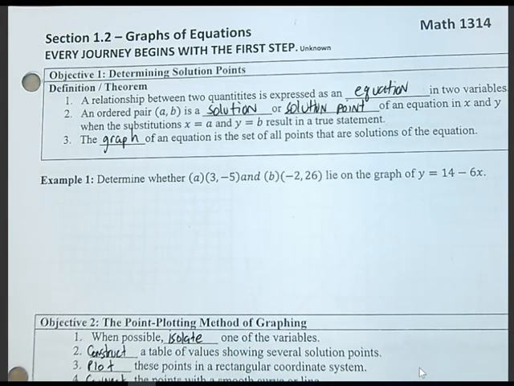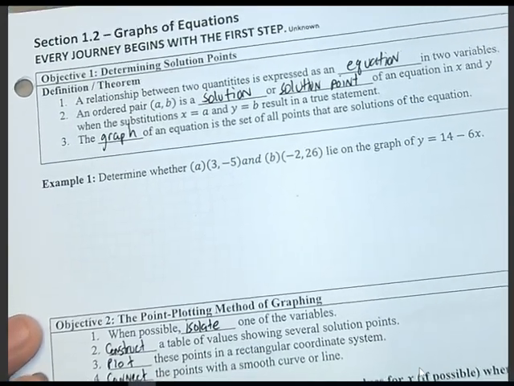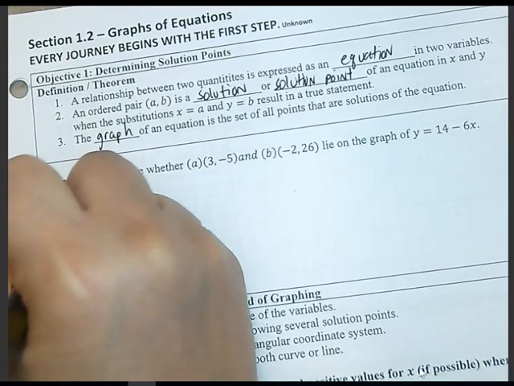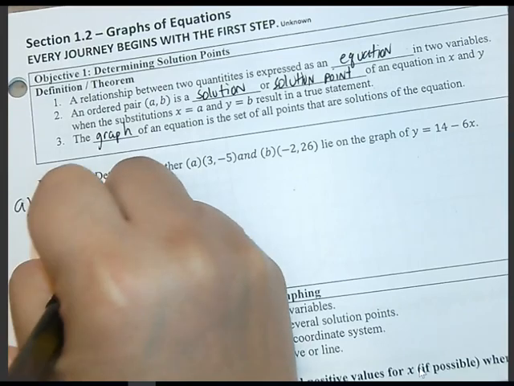So first we need to see when an ordered pair is a solution to an equation. If we look at letter A here, we have (3, -5), and the equation is y equals 14 minus 6x.